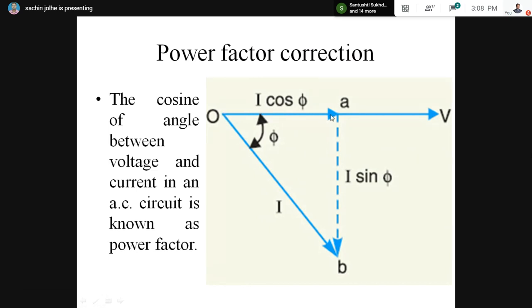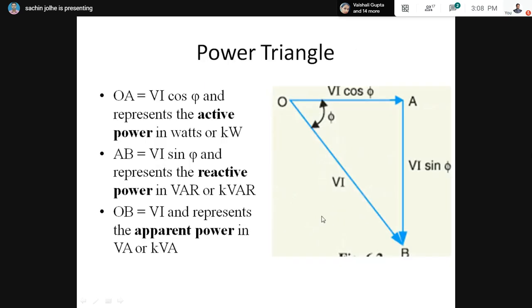This other side will be the opposite side, which is the sine of the angle, and this we have to calculate here. Yes, we can get this purely in this case. Now this is the angle.